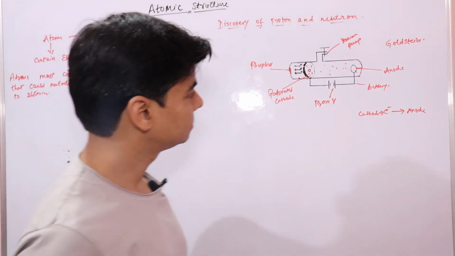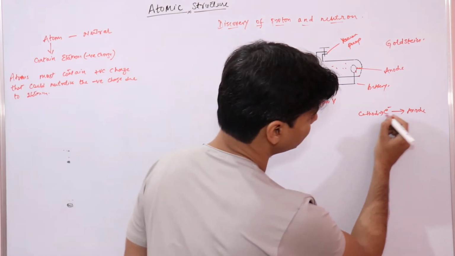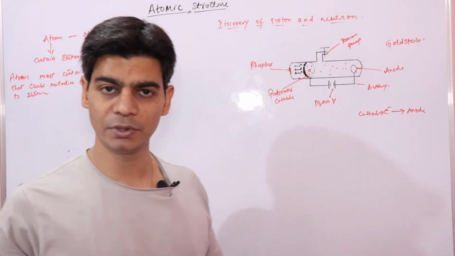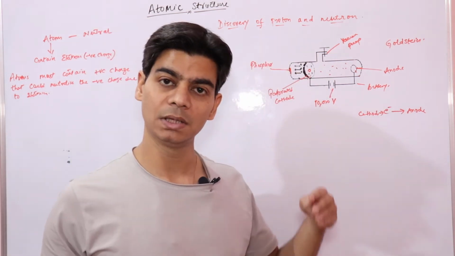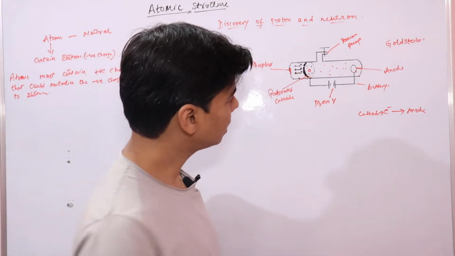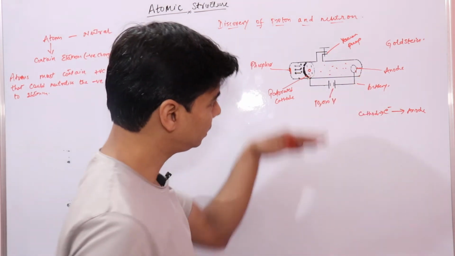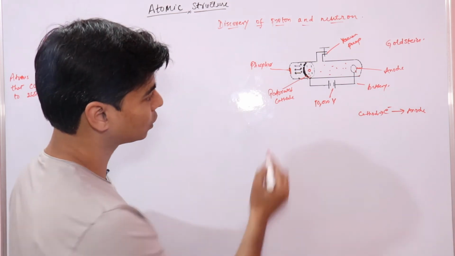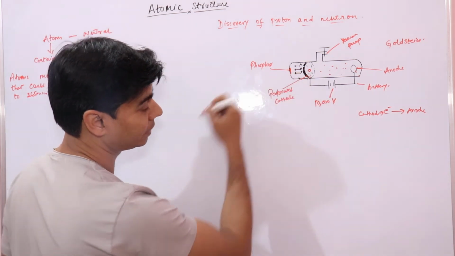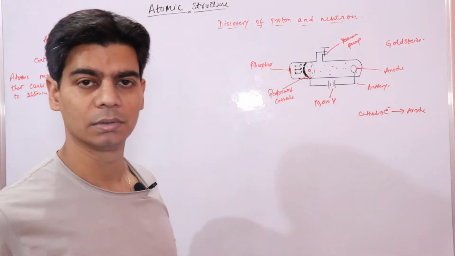So we know that a beam of electrons is nothing but cathode rays, and cathode rays are traveling from cathode to anode in this direction. And this phosphor material is located behind the cathode.